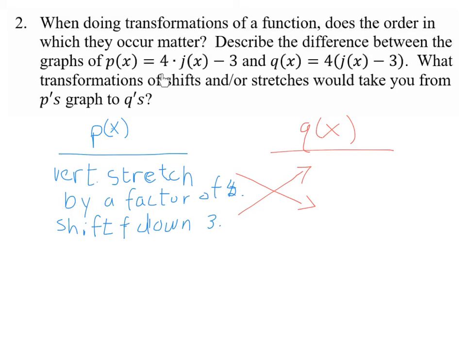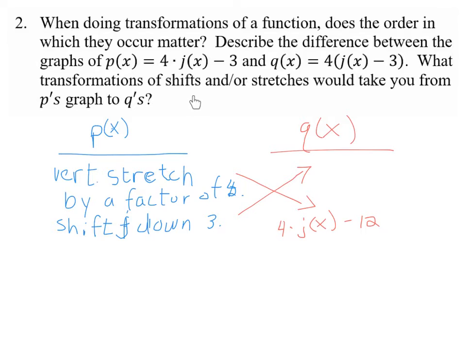We can compare these two functions if we get rid of the parentheses over here. It's easy to see that q of x is 4 times j of x minus 12. I realize, by the way, I should have put a j here. It's not f that we're changing, it's j. So certainly there's a difference here.